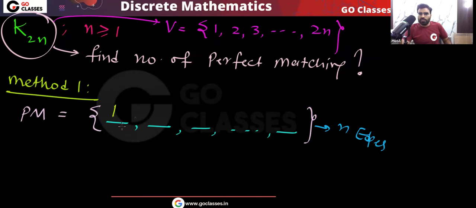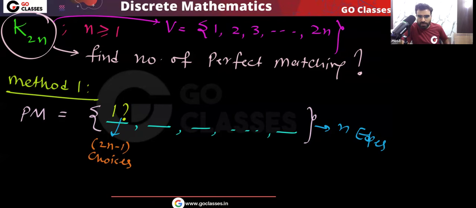To cover this vertex 1, I need a partner of 1, an edge which is incident on vertex 1. So for the partner of vertex 1, how many choices do I have? I have 2n minus 1 choices. Yes or no? 2n minus 1 choices.